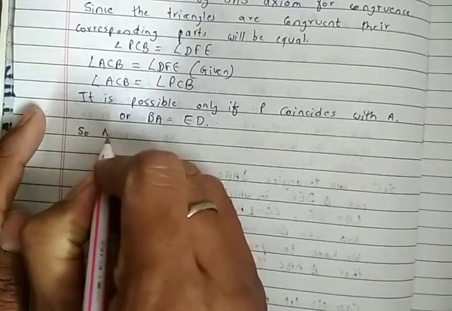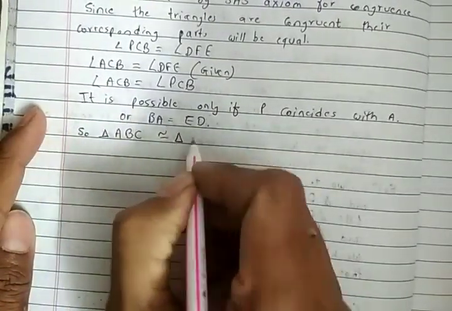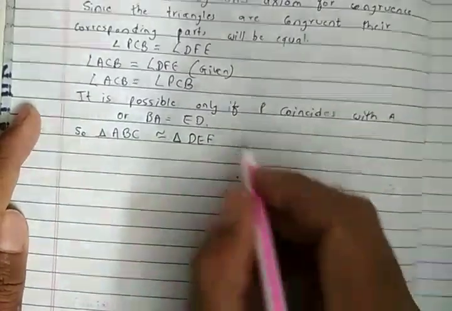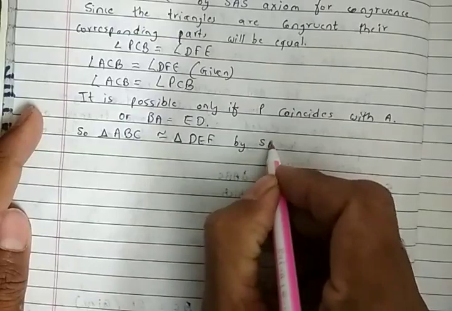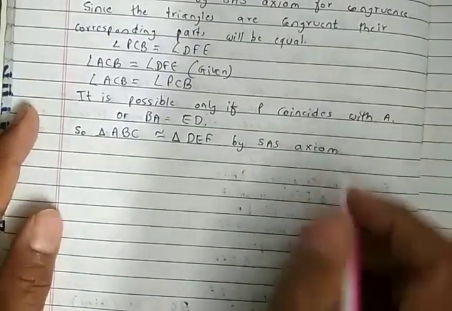So we can say that triangle ABC is congruent to triangle DEF by the side angle side axiom. This was case number 2.